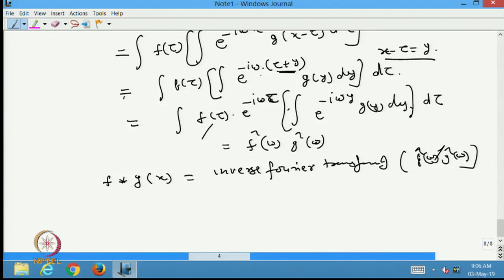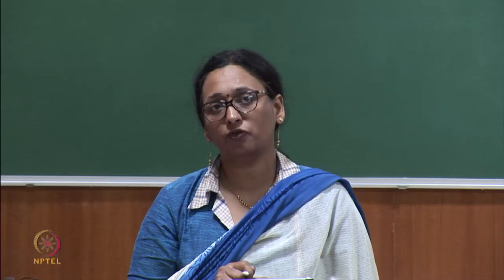Complexity is reduced if I compute the inverse Fourier transform of the multiplication of the two functions f hat and g hat, instead of going with the direct definition.